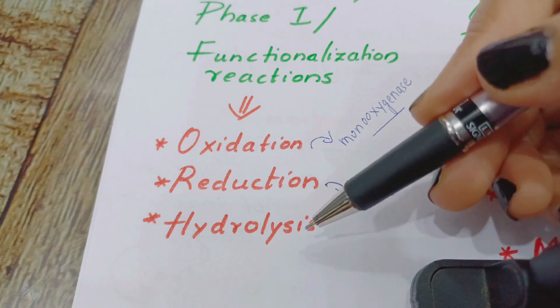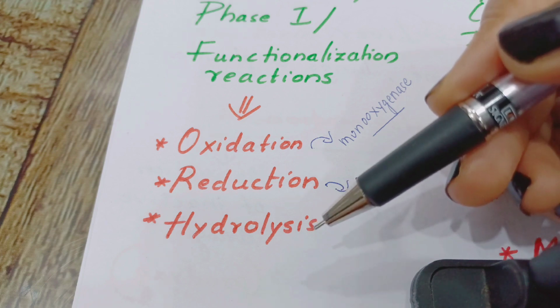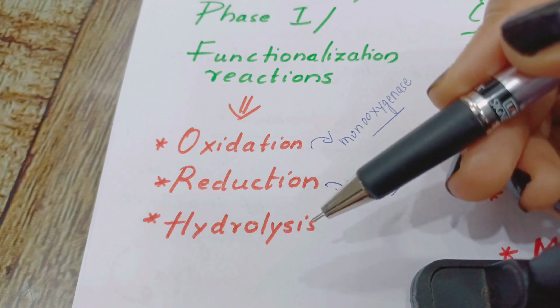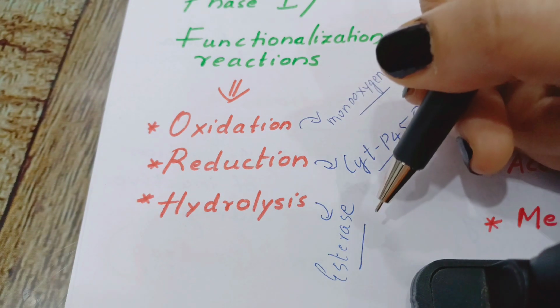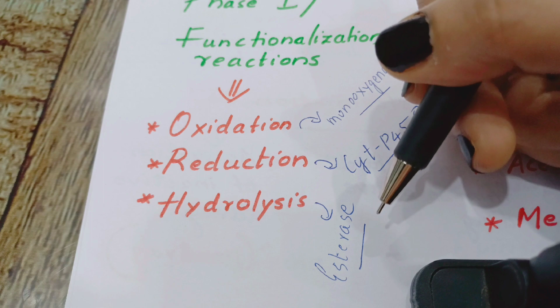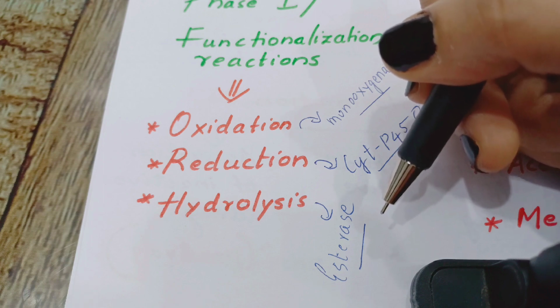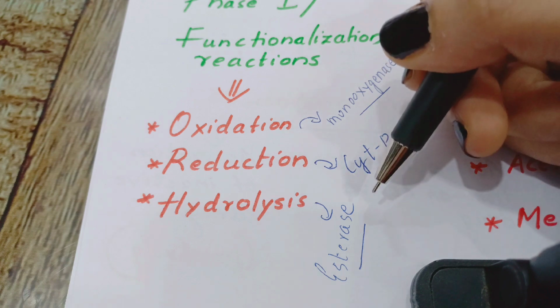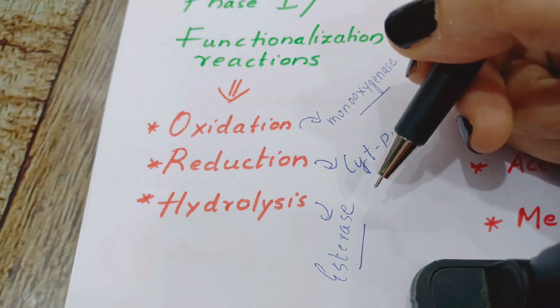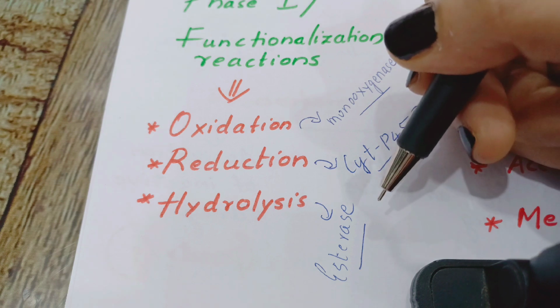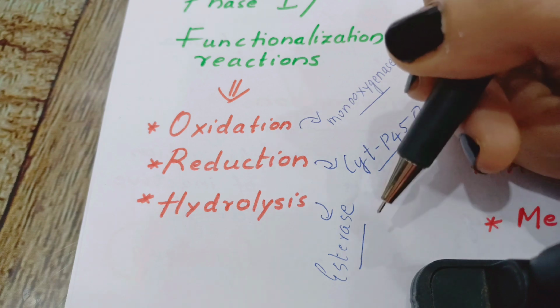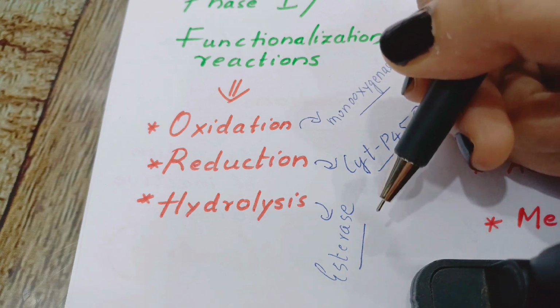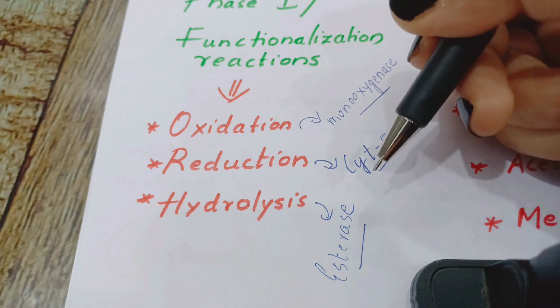It is the cleavage of drug molecule taking up a molecule of water. It occurs in the presence of esterase enzyme, and the examples of drugs include choline esters, procaine, lidocaine, procainamide, aspirin, carbamazepine epoxide, etc. And hydrolysis mainly occurs in liver, intestines, plasma, and other tissues.